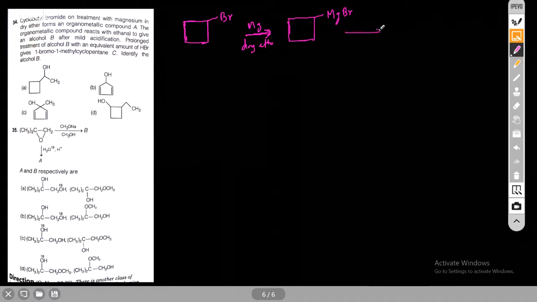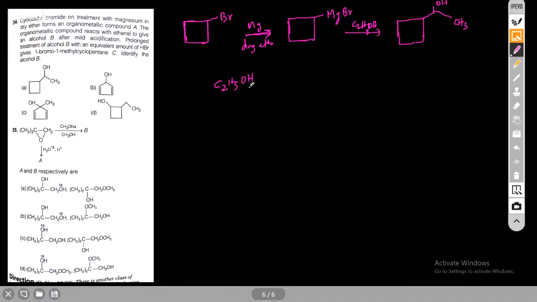It reacts with ethanol, C2H5OH. So here we get what? CH3, and here we get OH simply, because we have ethanol, C2H5OH. Correct?